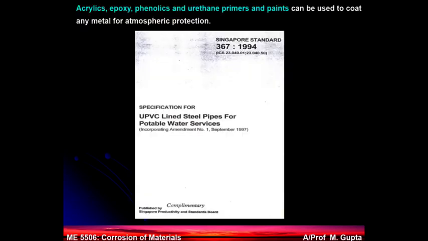Now these polymer-based coatings are used, for example, in the pipes that carry water to your home. And in Singapore, for example, of course there is a standard. They line this pipe with UPVC. UPVC stands for unplasticized polyvinyl chloride.